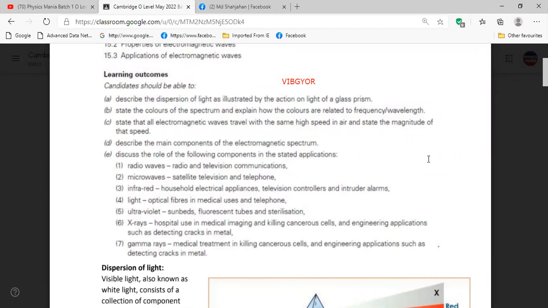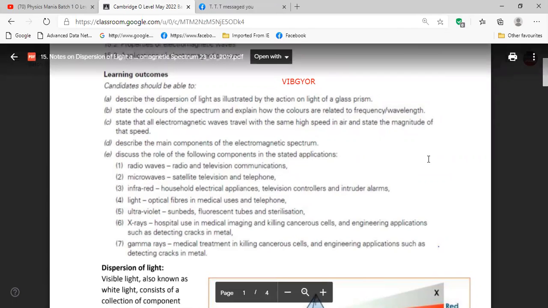Candidates should be able to: A. Describe the dispersion of light as illustrated by the action on light of a glass prism. B. State all the colors of the spectrum and explain how the colors are related to frequency and wavelength.